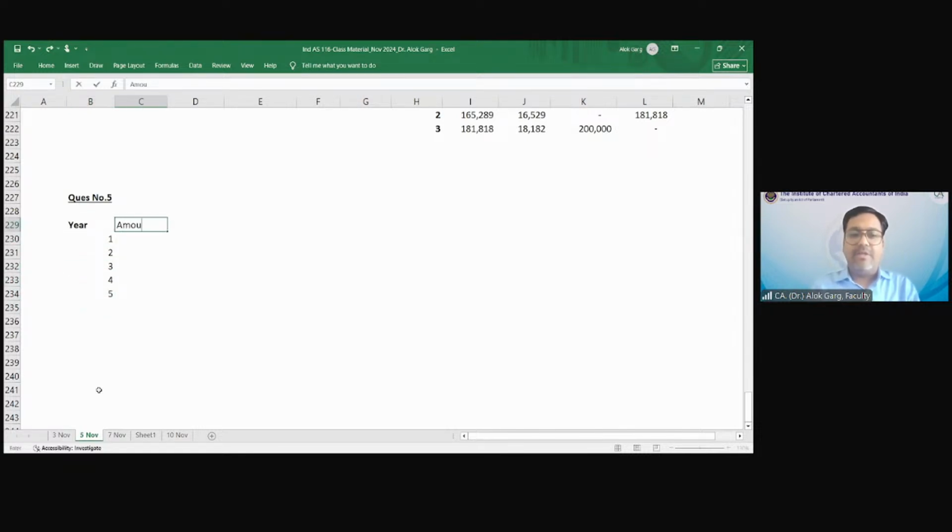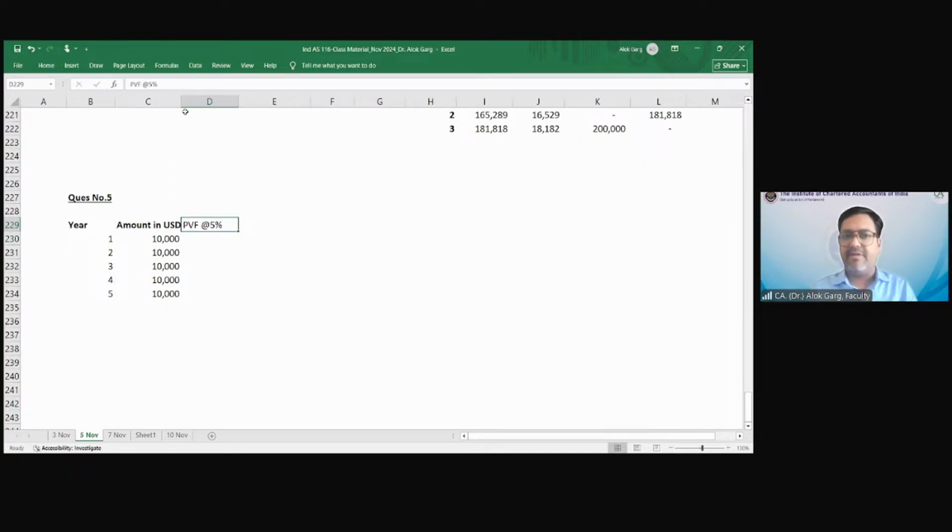What is my amount in USD? $10,000. What is my present value factor? It is written, at the rate of 5%, right? The discount rate is given. It is given. 5%. Yes, sir. Discount rate is given.